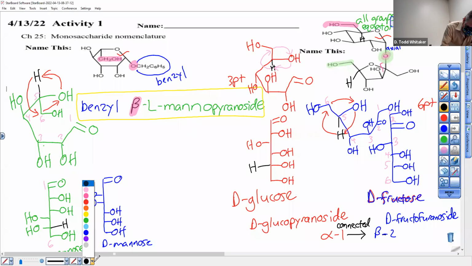Yes. You have the same group on the bottom right. Why didn't you use that? No. If this is up on this carbon, then that must be down. There's nothing to describe. This is an irrelevant carbon.